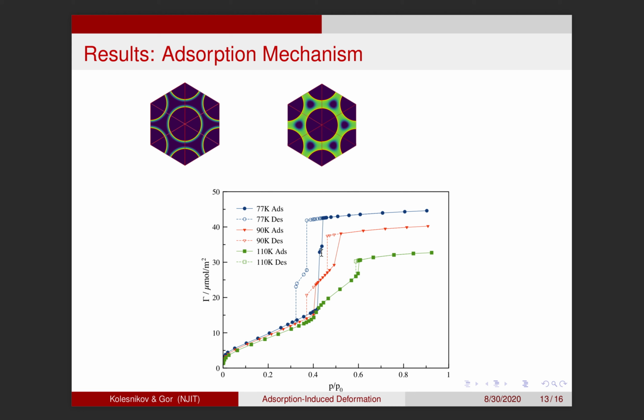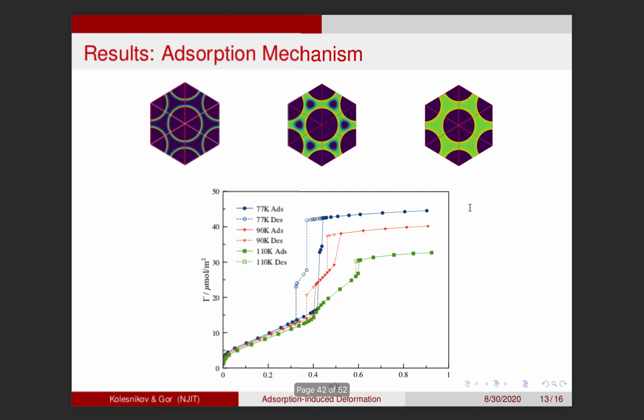So it's a phase transition up to these points here in the middle, and this region is relatively small. After that, if we further increase the vapor pressure, we have another phase transition, and that is a true capillary condensation. Here the pores are entirely filled with a condensate, and it looks pretty much like what we would have in a cylindrical or spherical pore model.